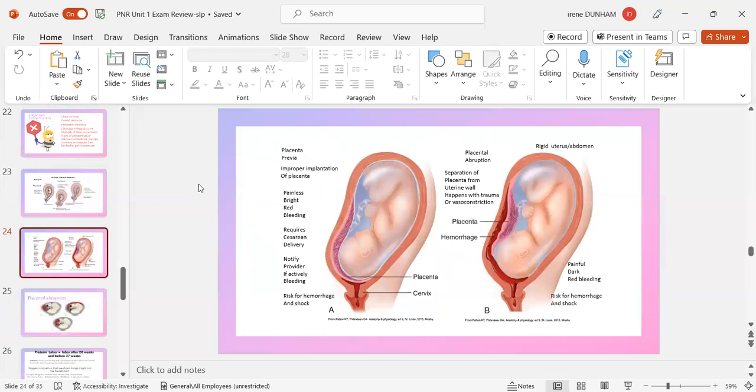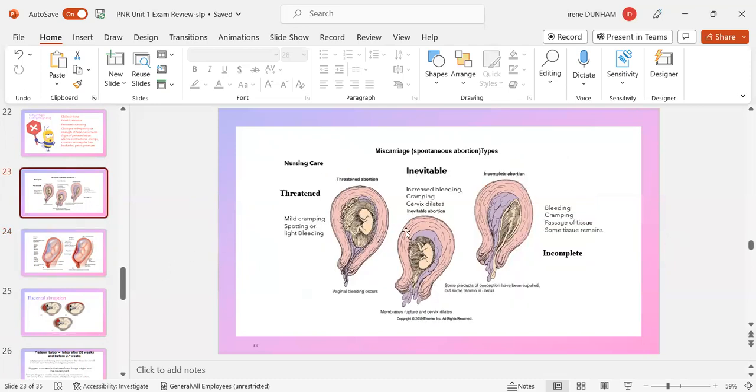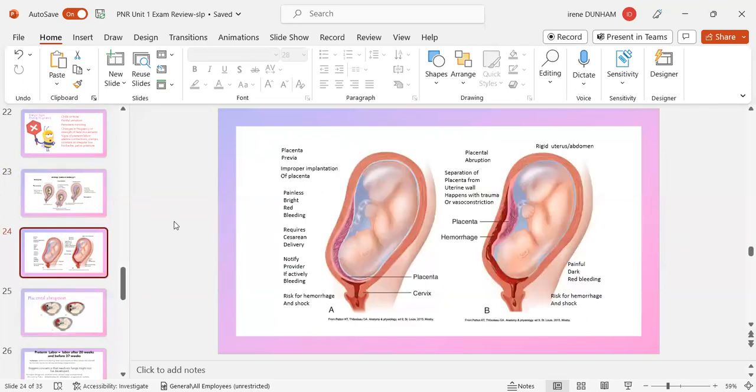Now we're going to go into late pregnancy bleeding. This one was a product of what? Early pregnancy bleeding. Okay, and now we go into late pregnancy bleeding, because this is where you have your baby inside. This one is placenta previa, and placenta previa means that the placenta is laying low.